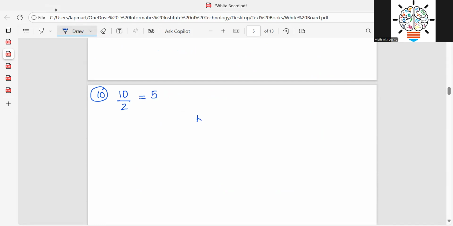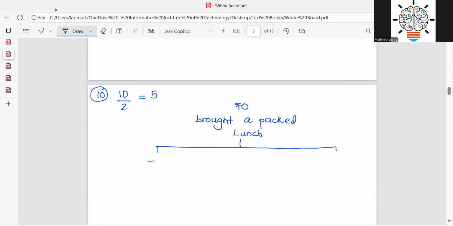So then the number of children who brought a packed lunch is 70 now. So we minus 5 and plus 5. So then how are we going to get the final answer?